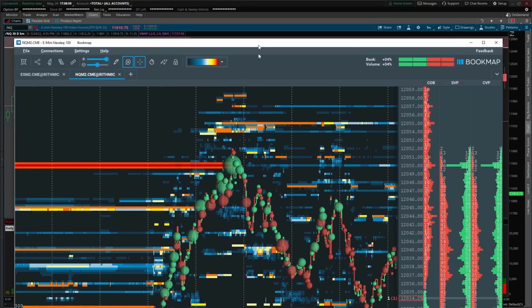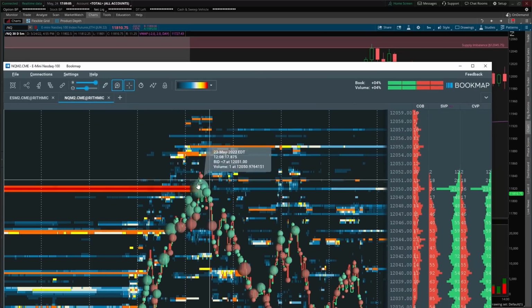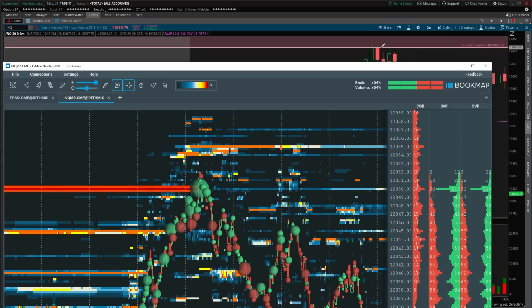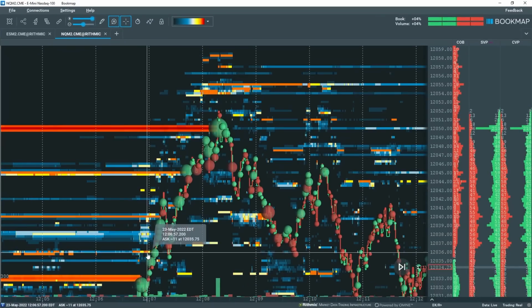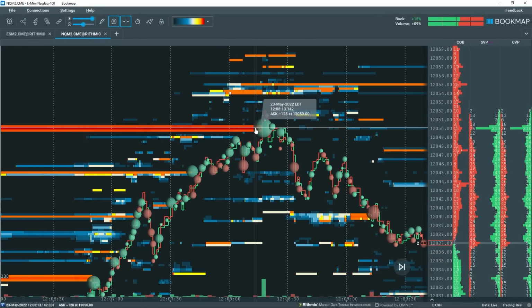When you add on the context of we're at a supply zone, it makes it a higher quality setup. If I saw this large buyer at the high randomly and not at a supply zone, yeah, I might have taken the trade, but it just adds more pieces to the puzzle, gives me more confluence, and makes it a higher quality setup. So the market came up into the supply zone, a very large passive seller. This is on NASDAQ.